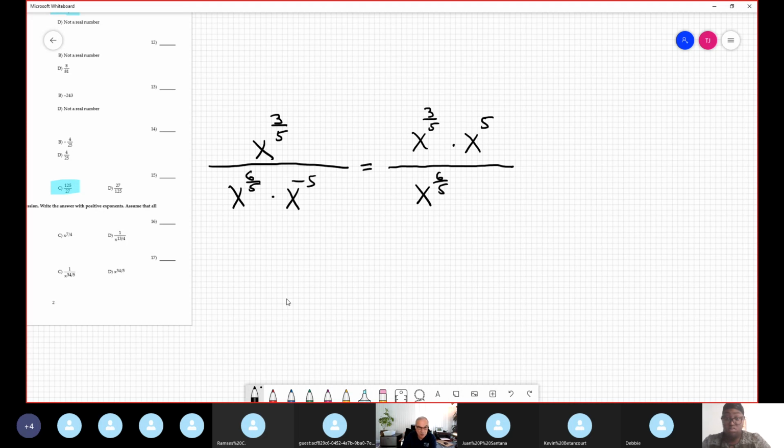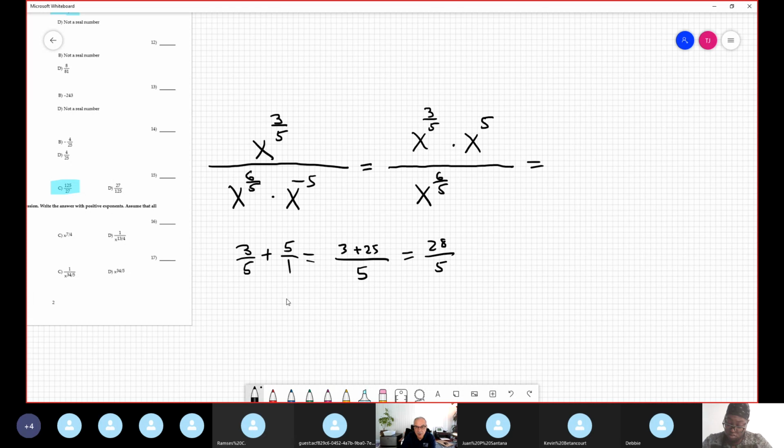Okay, now multiplication. The exponents are added: 3/5 plus 5. But 5 is a whole number over 1. LCD is 5, so 3 plus 25, because 5 times 5 is 25, is 28 over 5.